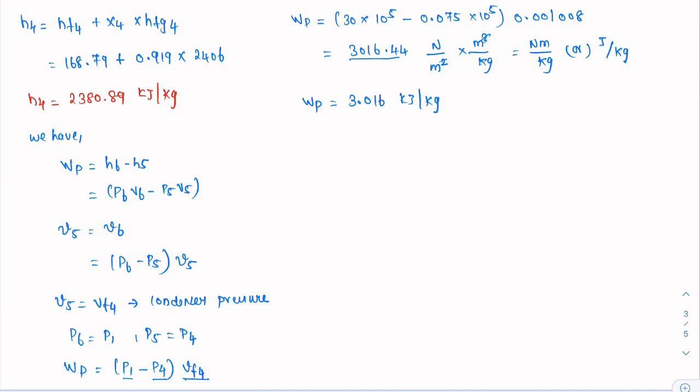And by substituting this value, you can find the value of H6. We have H5 equal to HF4, which is equal to 168.79 kilojoule per kg.